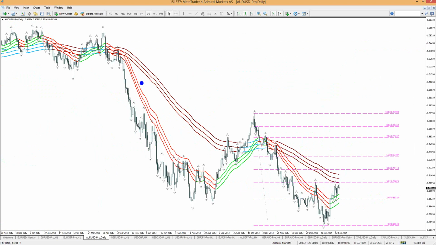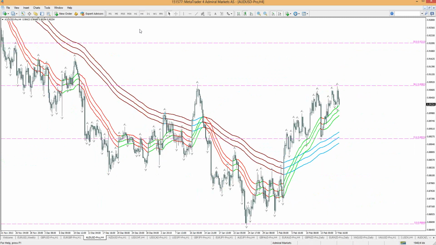Price is just making a move back to that dark red moving average, downtrend. 4 hours up, so there's a clash of trends here. Daily, weekly down, 4 hour and 1 hour up, and the question is who's going to win? Which one's going to win? And if the resistance breaks, the upside is winning. What about the downside? Let's take a look.